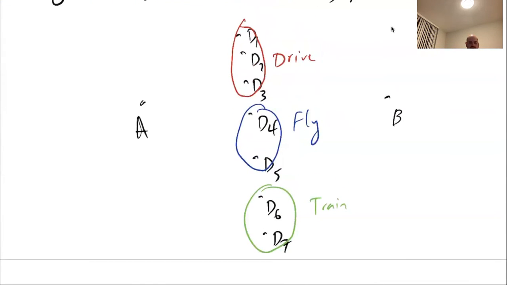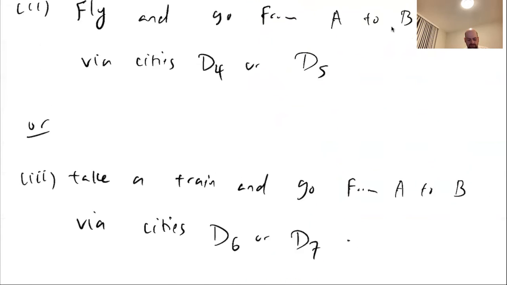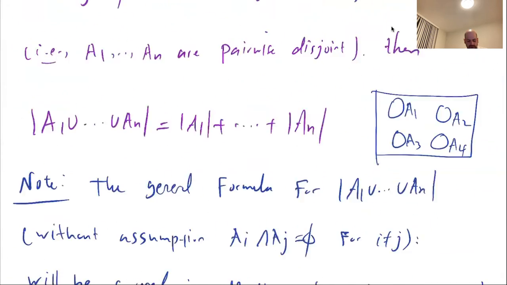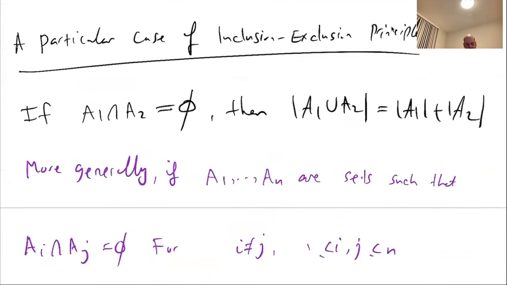So overall, how many options do we have for the middle cities? See, because there is no intersection between drive and fly, or drive and train, or fly and train, we can use this particular case that we said.